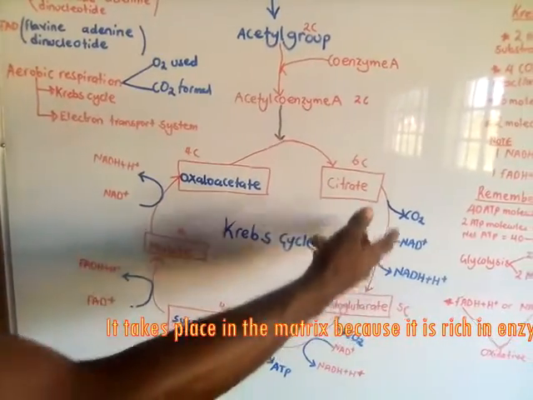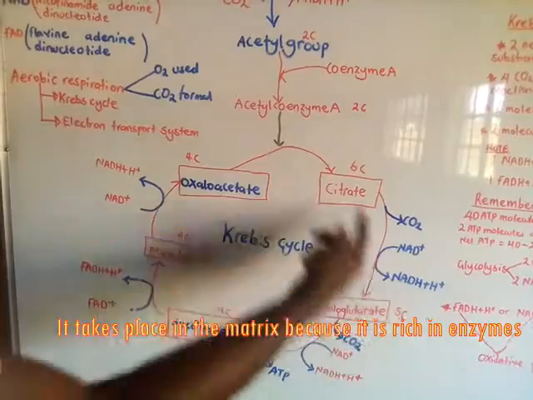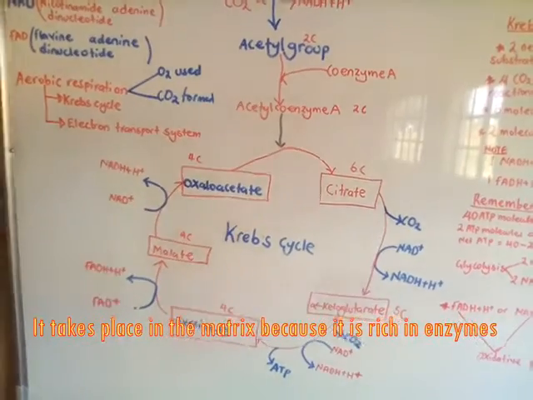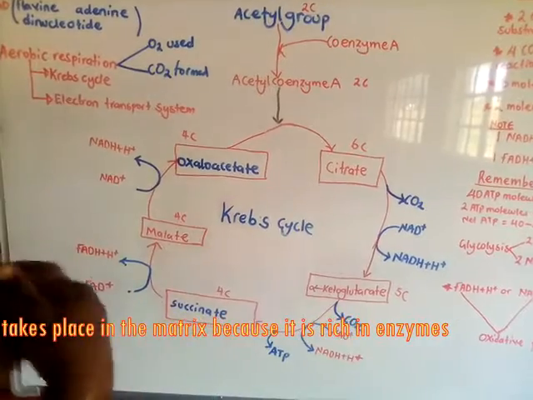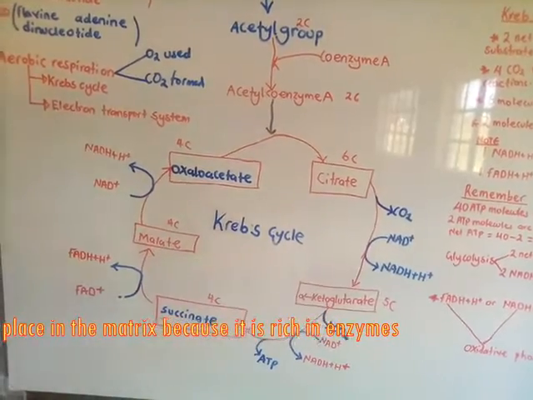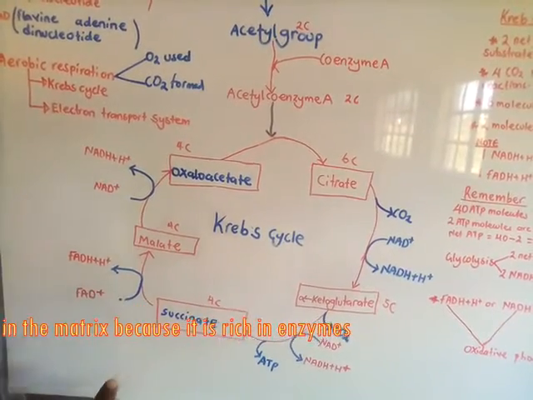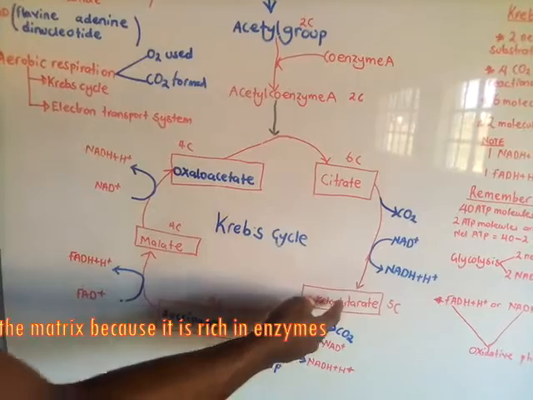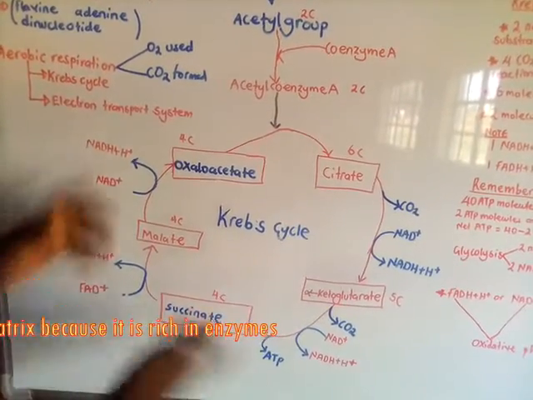So what is going to happen next to our citrate? We are having decarboxylation, whereby we are going to remove 1 carbon from the citrate. Then we shall have also dehydrogenation, and the hydrogens are going to be given to oxidized NAD to form reduced NAD. And we are going to form alpha-ketoglutarate, which is a 5-carbon sugar. So from alpha-ketoglutarate back to oxaloacetate, we have very many intermediates.